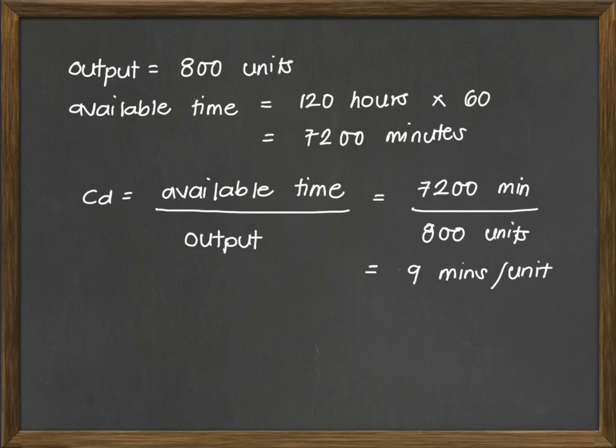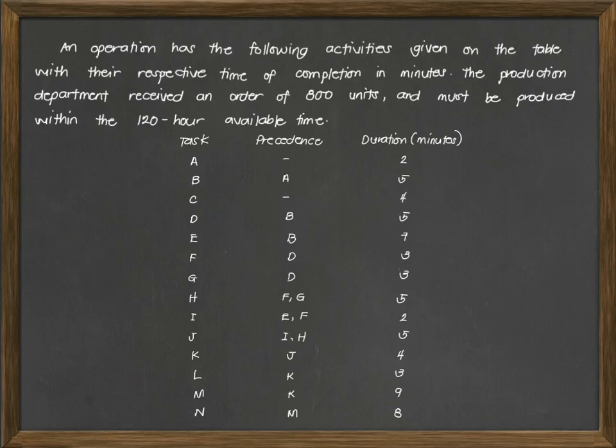The next thing that we need to compute is the theoretical number of stations naman. So that is N. By the formula, the sum of your standard time divided by your desired cycle time. Now, going back to the given example, we must compute for the total standard time from the table. So, we will be just adding everything from the duration in minutes and the sum will be about 65 minutes.